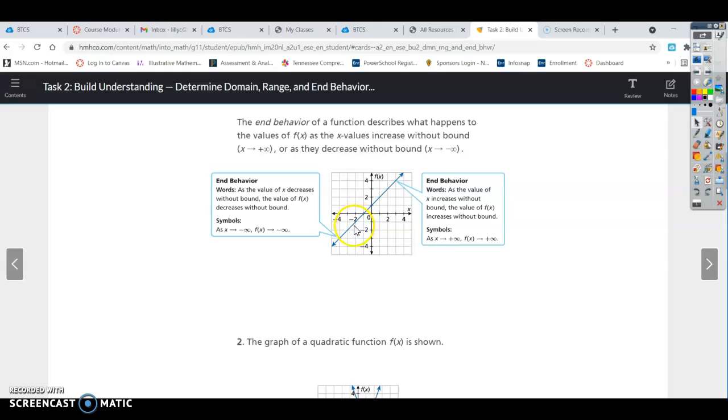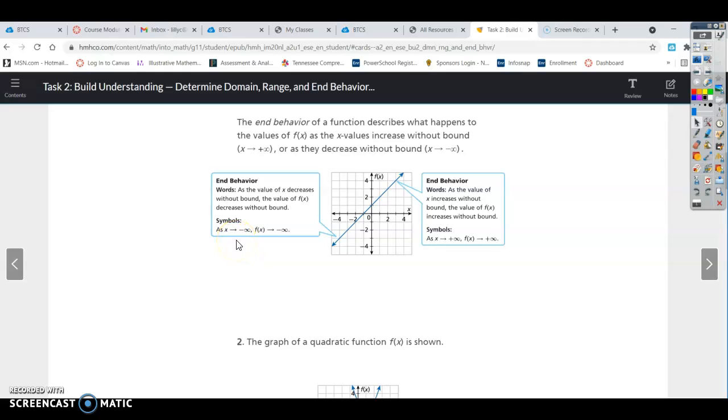Your y values are also going down, and there's an arrow, which means it also decreases without bound. So in words, as the value of x decreases without bound, the value of f of x, or y, also decreases without bound. If you want to use symbols, you can write x approaches negative infinity as f of x approaches negative infinity.